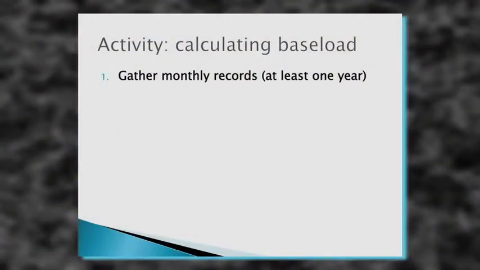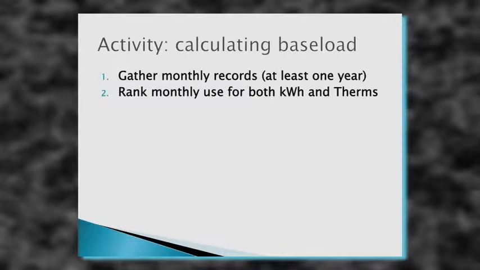How do we actually go about calculating baseload? First thing we have to do is gather at least a year's worth of bills. Once we have a year's worth of bills, we're going to rank the months by usage. Once we've ranked the months by usage, we're going to select our baseload months in kilowatt hours or in therms. Okay, so we have to do it for each.